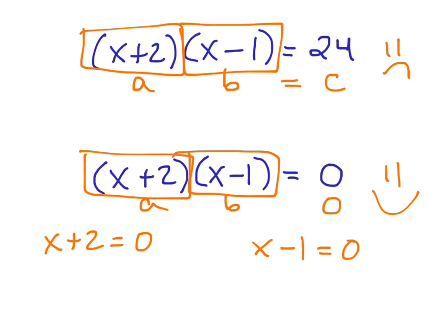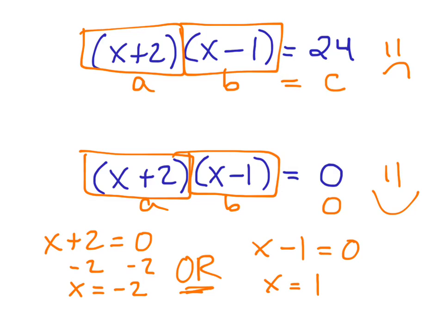And now these are linear equations which we already know how to solve. So from there, I would be able to solve and figure out that x either equals negative 2 or x equals 1. And notice that word or, it's not an and, so we're not saying that x is negative 2 and 1. We're saying that there are two possibilities. x could be one of those numbers, or it could be the other.